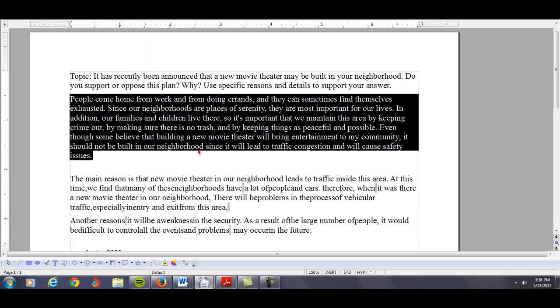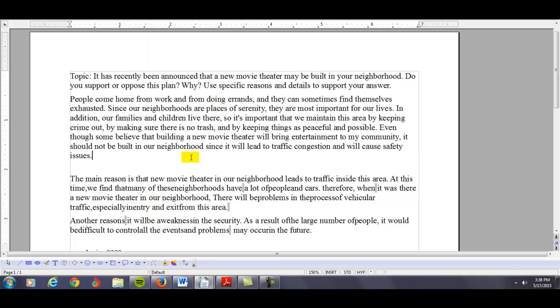Now we got it. So now we have 100 words. This is what you're looking for. Each of your paragraphs need to be closer to around 100, because your goal here is to write about 350 to 450 words.